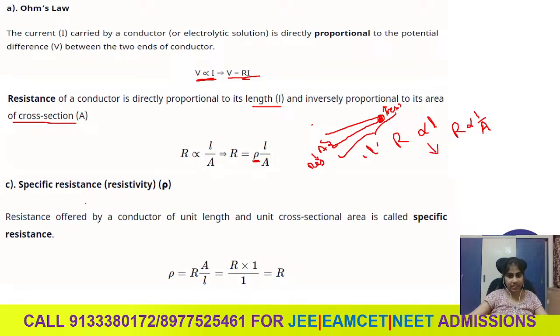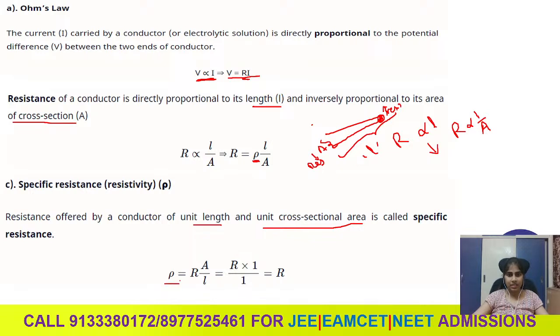So what is specific resistance? The resistance offered by a conductor of unit length and unit cross sectional area is known as specific resistance. It means the resistance which we observe in 1 unit of length and 1 unit of cross section.